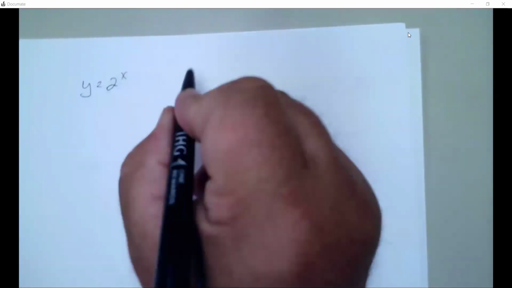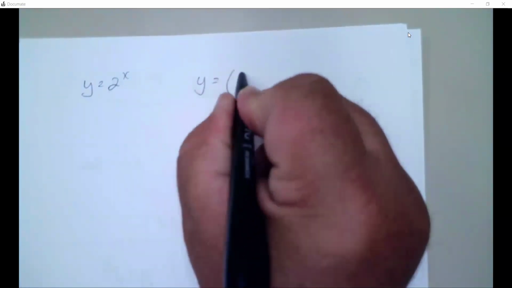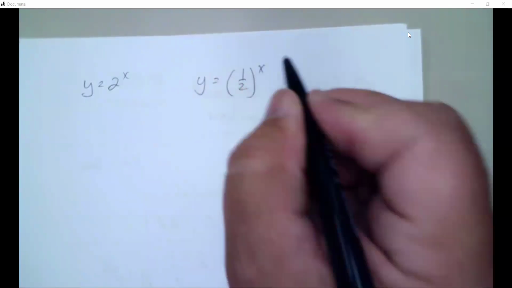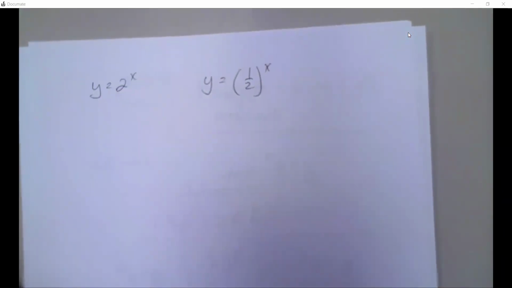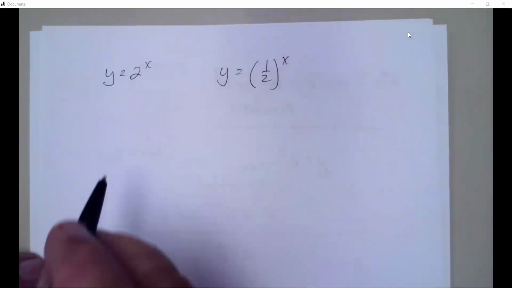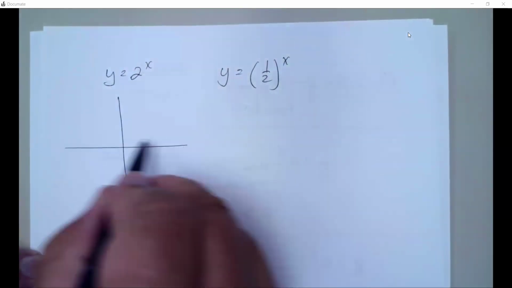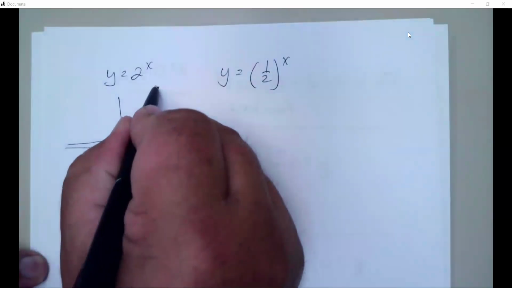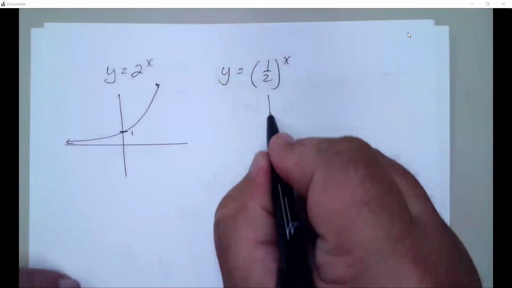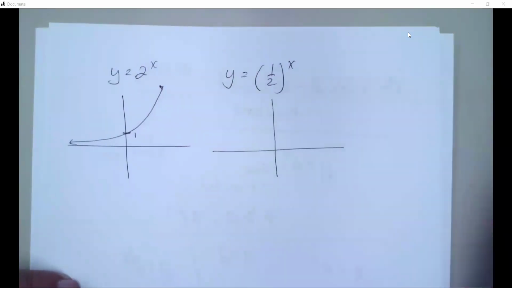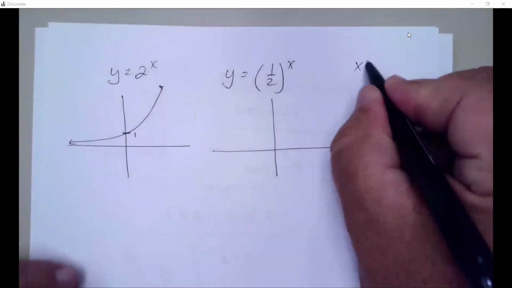So we looked at that one, now let's look at this one. Let's look at some of these values.